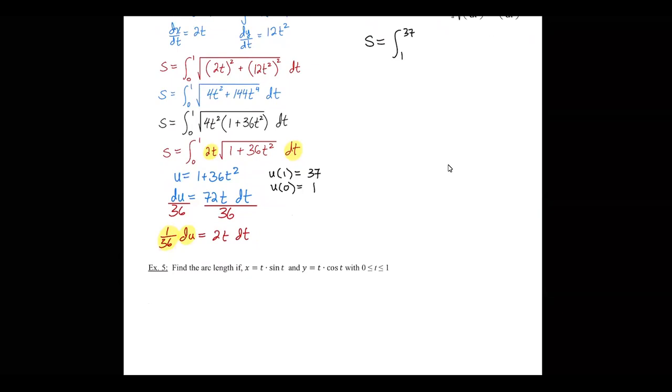I shorted myself some room. I can move things easily, but I don't want to, partly because I don't know who's writing in pen, and I don't want to make you scratch all this stuff out and change it. So I'll deal with it. We have the 1 over 36. I'll put the du. I know the du is going to have to be at the end, so I'll just throw that over there. That I might end up moving in a sec. But then I have my radical.